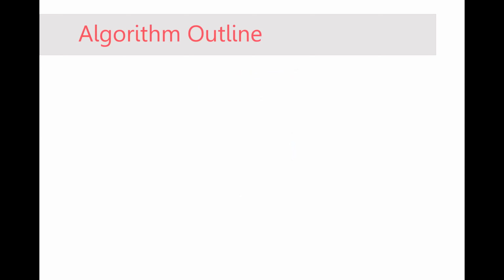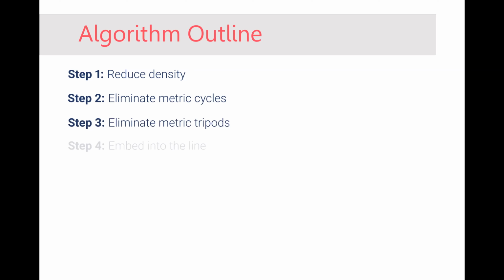Let me give a brief outline of the algorithm. First, we reduce density. This is done by applying vertex sparsifier recursively. Then we eliminate metric cycles, eliminate metric tripods, and embed it to the line. I give the details of all this procedure in the long talk for those who are interested.